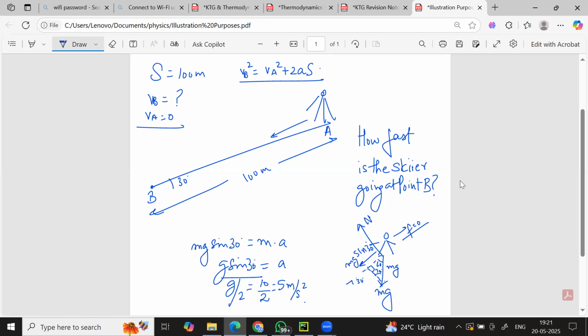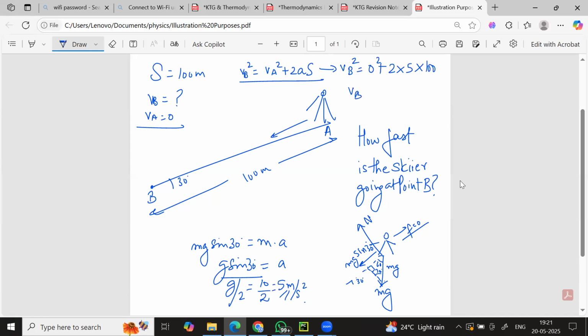Plugging this value into the equation, I get VB square equals 0 squared, because VA is 0, plus 2 times the acceleration along the incline, which we found to be 5 meters per second square, multiplied by the distance, which is 100 meters.